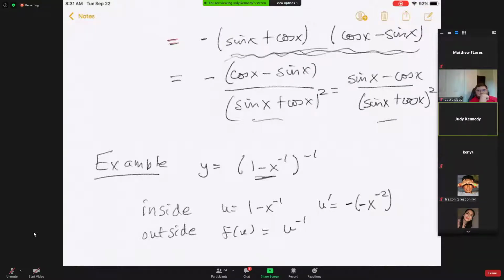We just basically did that in the previous problem. So that winds up being plus x to the minus 2. Okay, this minus right here comes from that minus, and this minus comes from that minus.